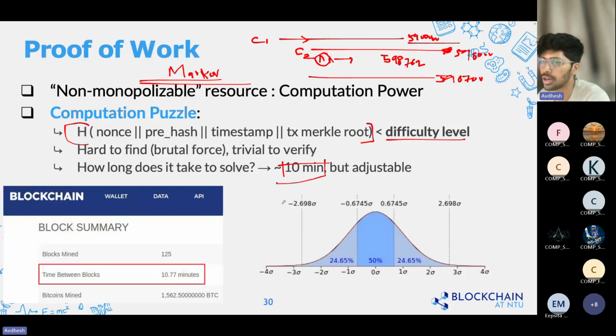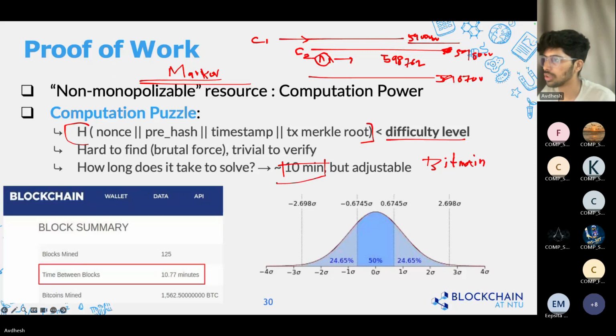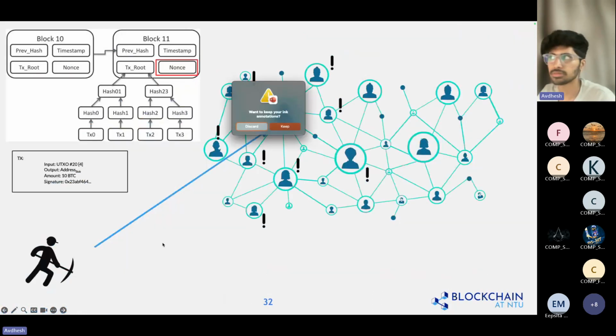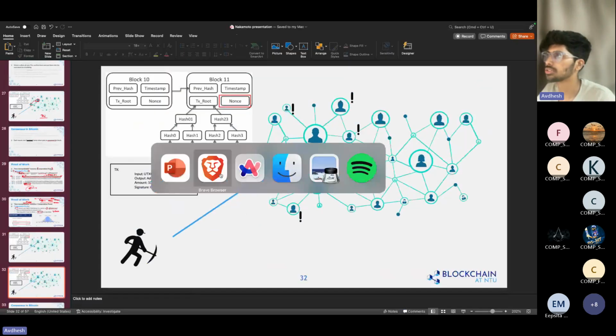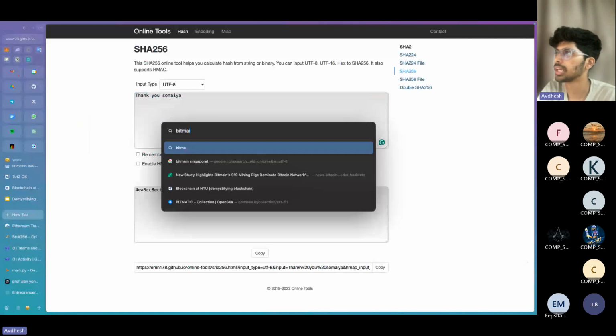If you have good computational power, and by computational power I mean good GPUs, there is a hardware system called Bitmain Antminer. I can show you the pictures of it.